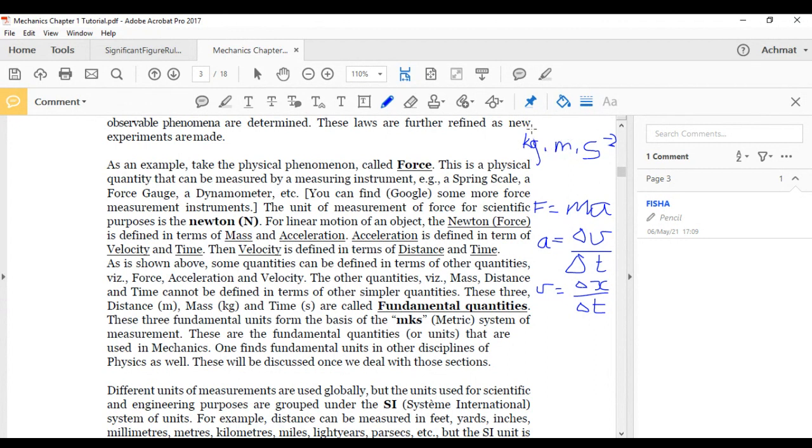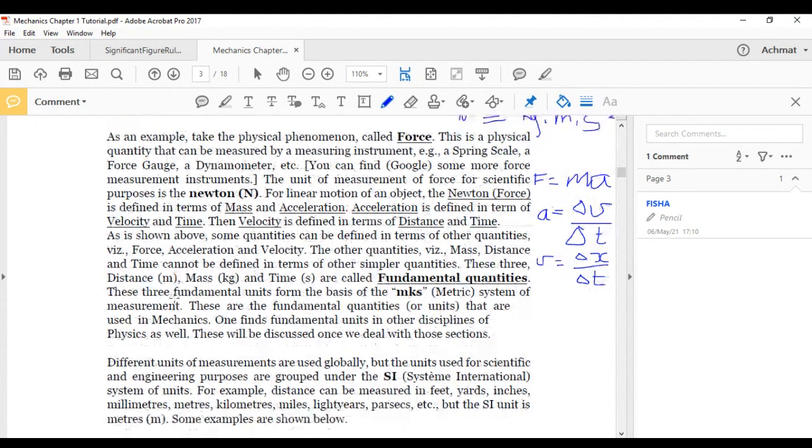Sorry, I should say K of the MKS, M for distance, and S for time. And that is equal to the Newton. We can write this one in terms of fundamental quantities. There we are. Okay, or fundamental units.